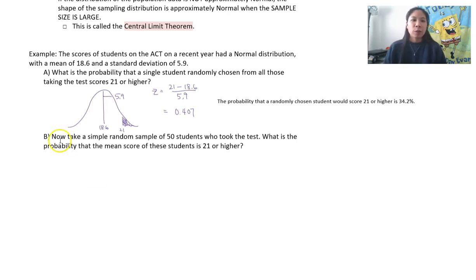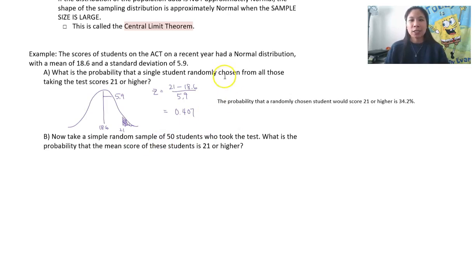So now, for part B, if we look at the second question, now we're taking a simple random sample of 50 students. So now our sample size, n, is 50. What is the probability that the mean score of these students is 21 or higher? Because I have a sample size, I know I'm going to have to deal with the sampling distribution and set up my normal curve that way.